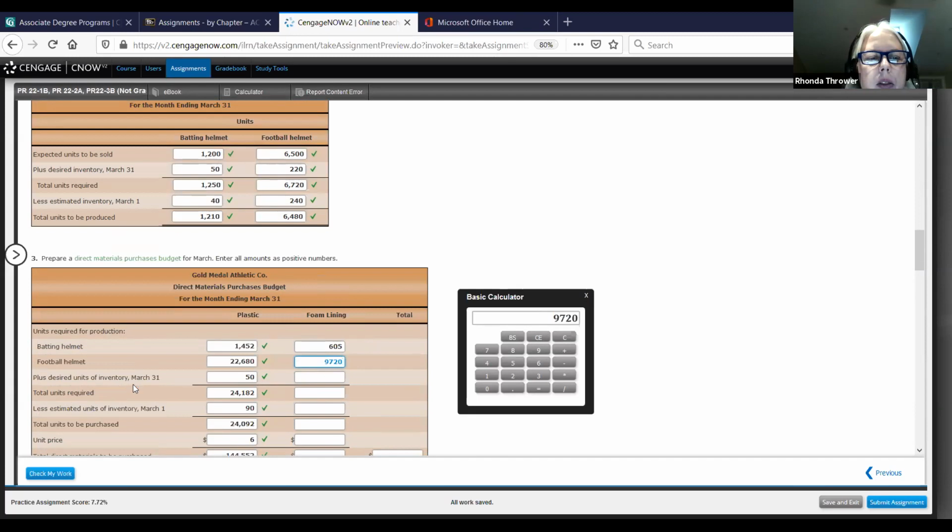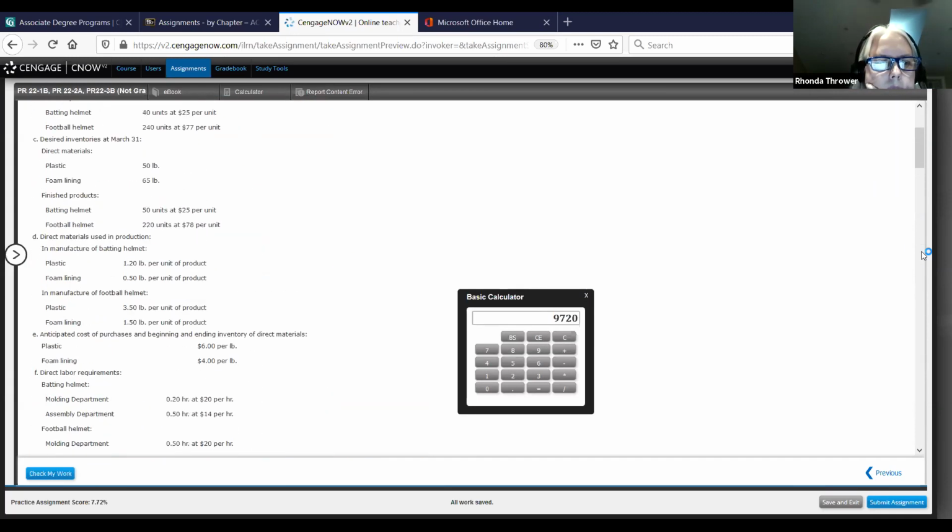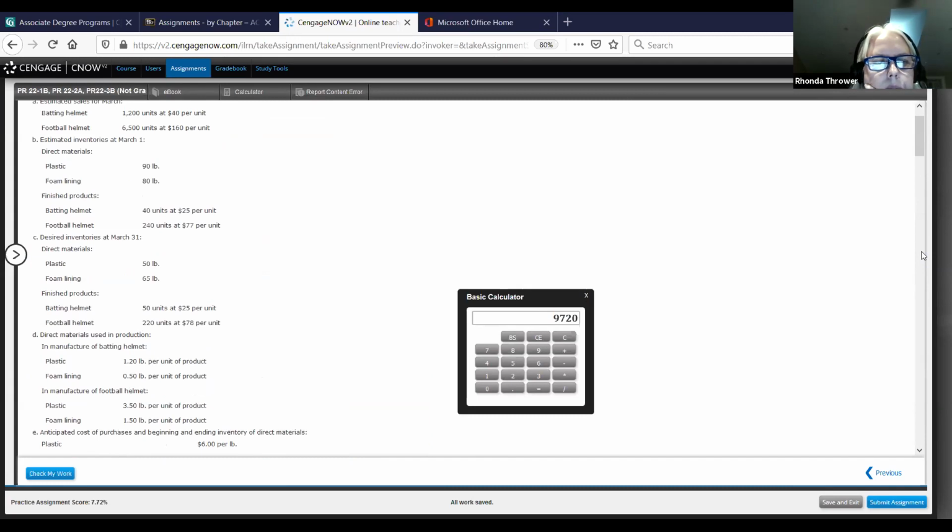And then we're going to look for the desired ending inventory units of foam lining that we're going to have left over. And the amount is 65.